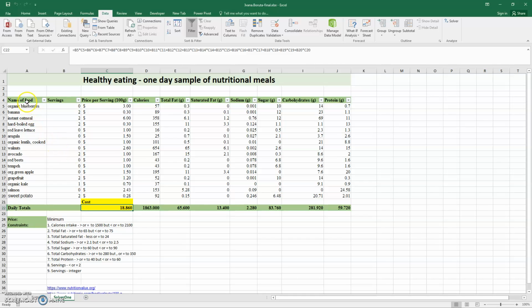I picked a certain amount of food which is healthy and which is very probable to eat for a healthy person during one day.